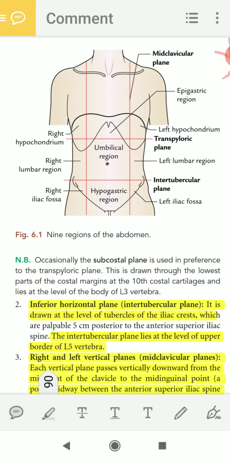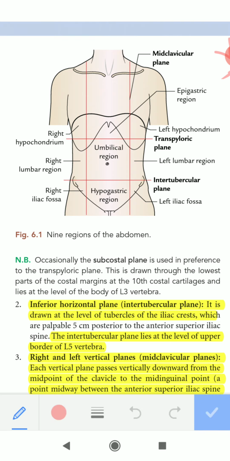So what is the importance of knowing the 9 regions of the abdomen? We'll later see that in each region specific abdominal viscera lie. So if there is any pathology of a specific viscus, suppose in the right iliac fossa lies the vermiform appendix.